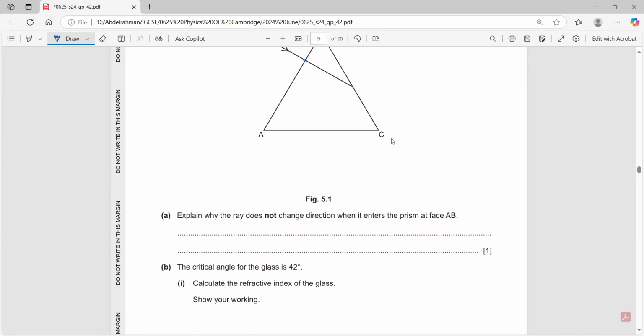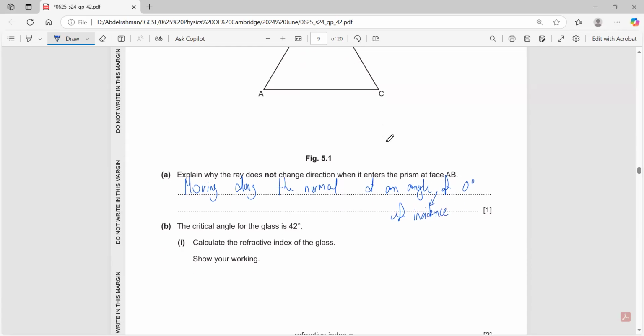Because it's moving along the normal, at an angle of 0 degrees. At an angle of incidence of 0 degrees.